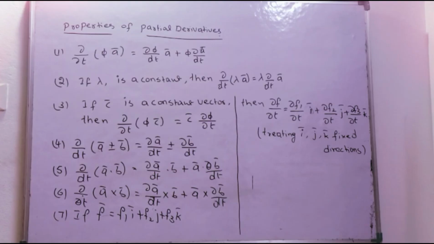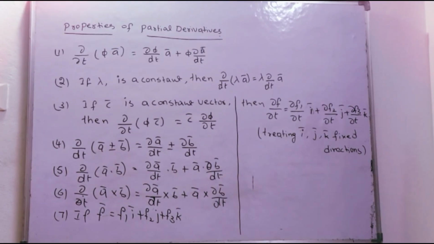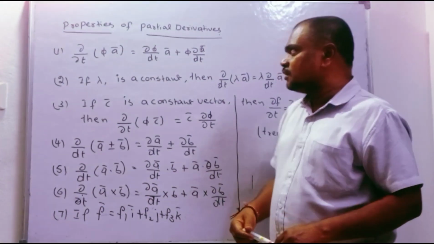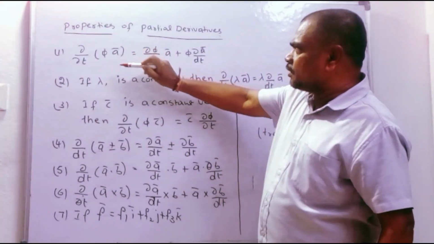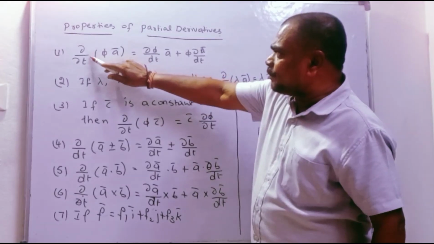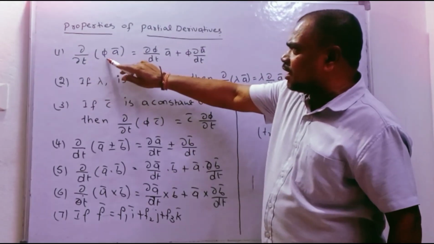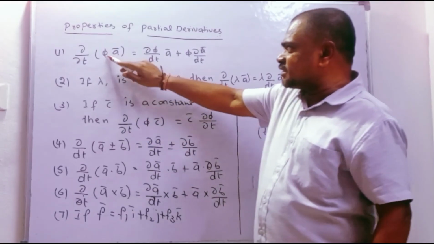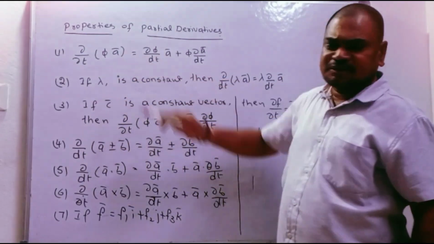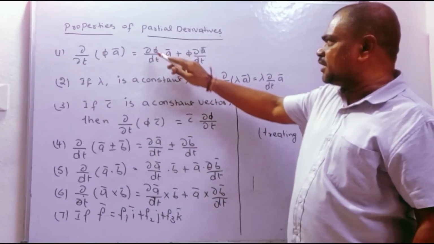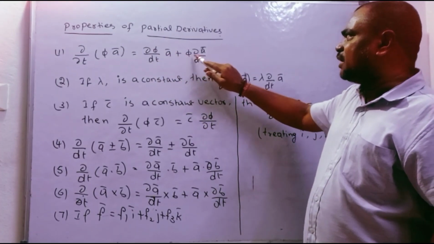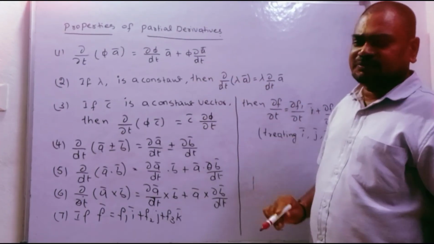Okay, properties of partial derivatives. We discuss here the properties of partial derivatives. First one: dou by dou t of phi a bar, where phi is the scalar function and a bar is the vector function, equals dou phi by dou t a bar plus phi dou a bar by dou t.